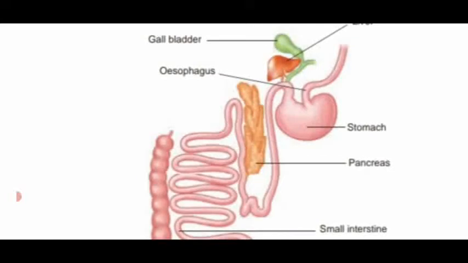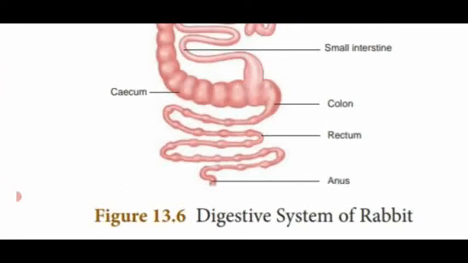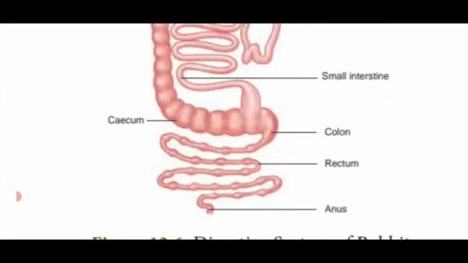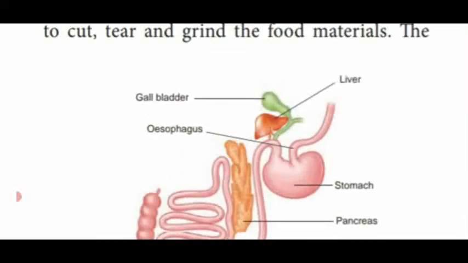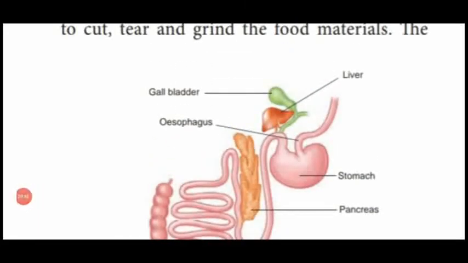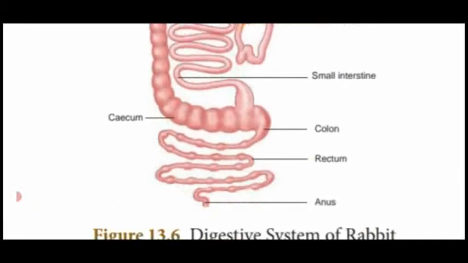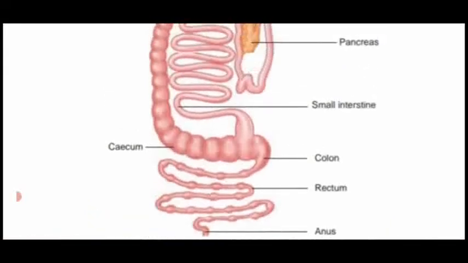Dear students, before going to see the arrangement of teeth in the mouth region, this is the structure of the digestive system of rabbit. It starts from the mouth and ends with the anus.